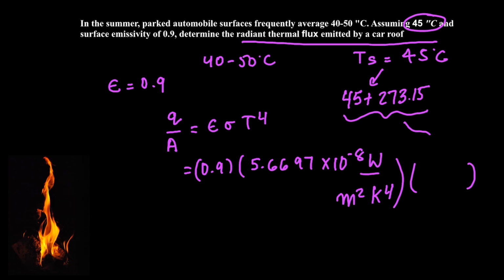Put everything together to the fourth, and you get Q over A equals 522 watts per meter squared.